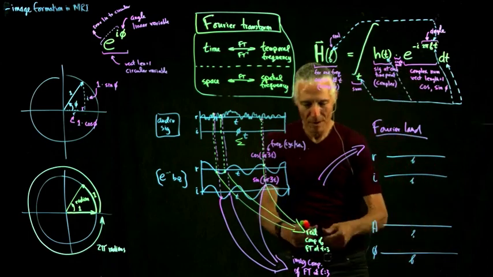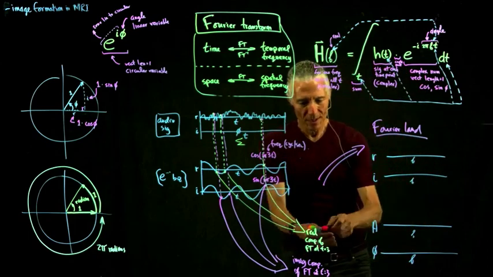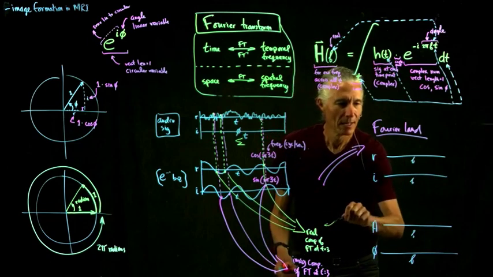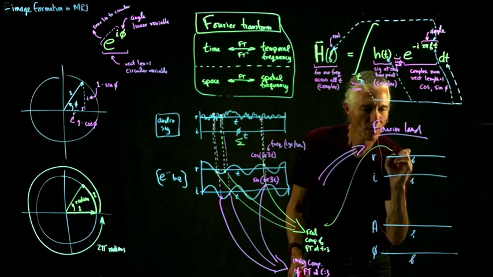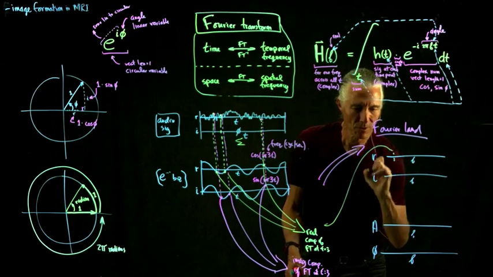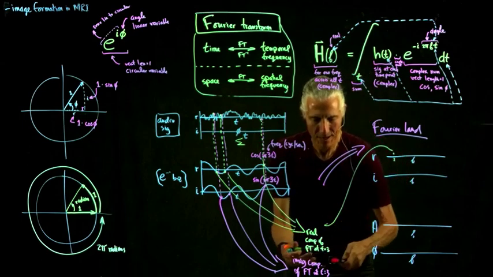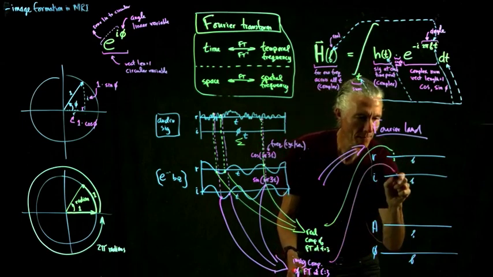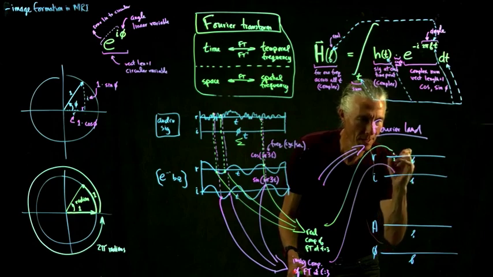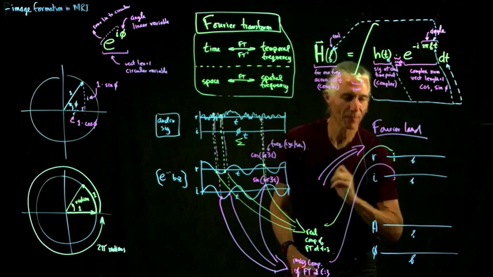So what these two numbers turned into, this guy went over here at frequency 3, and then this guy went over here, the sum, at frequency 3 for the imaginary part.